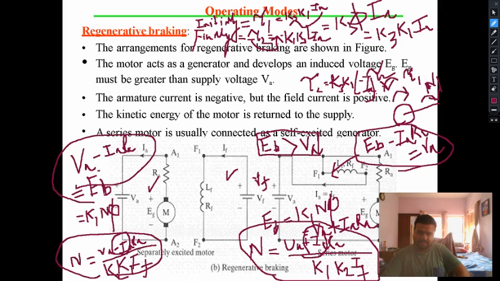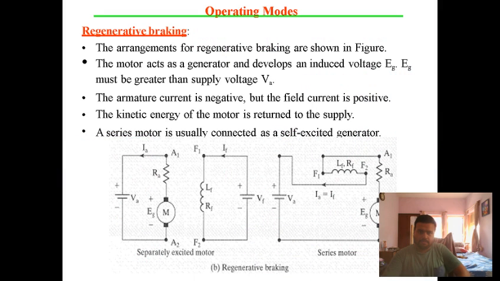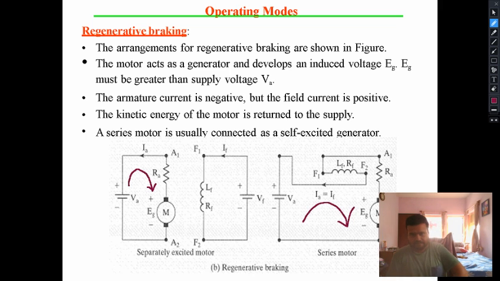So let me clear all these things. During motoring, the power flow is in a particular direction. If we consider the series motor, the field circuit and the armature circuit are in series with each other. Here also the power flow is in this particular direction.